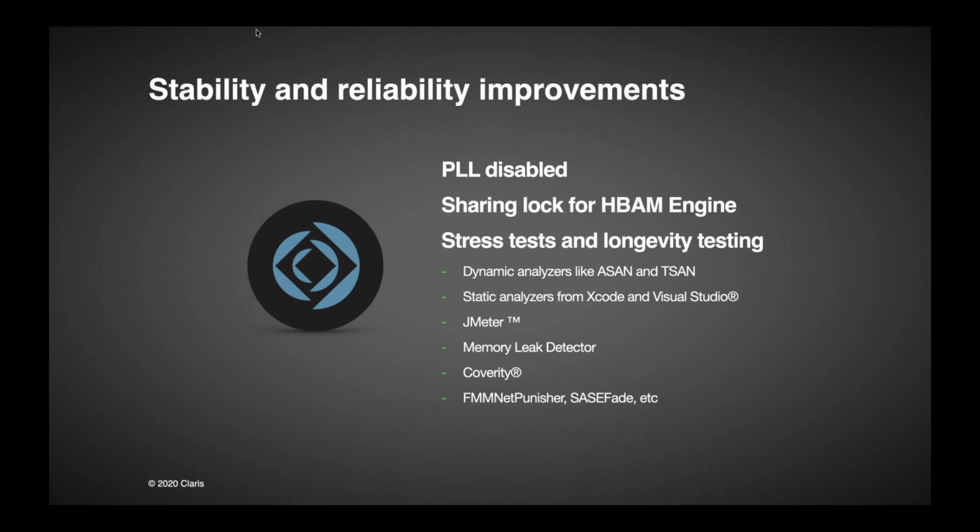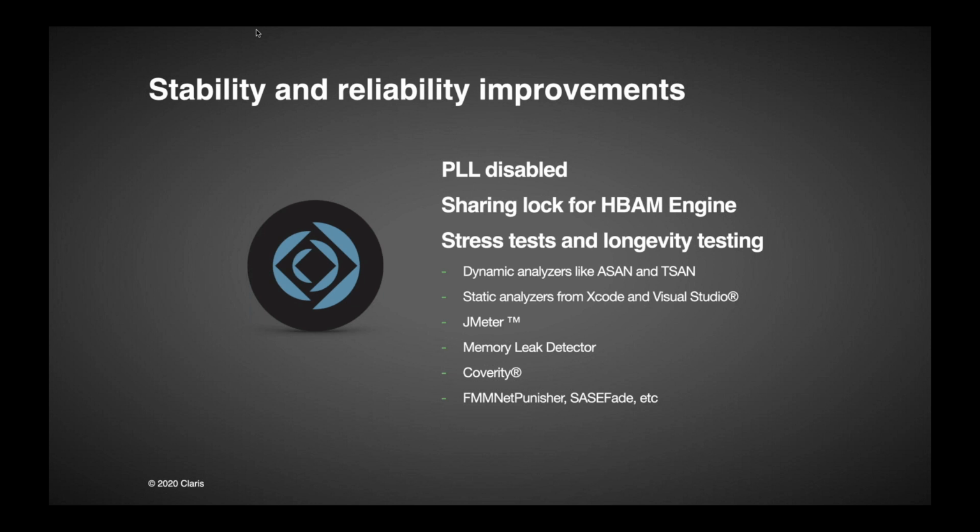By implementing a sharing lock in the low-level HBase layer, it effectively allows concurrent readers to access databases simultaneously. From internal and external testing, the sharing lock shows a similar level of performance as PLL.